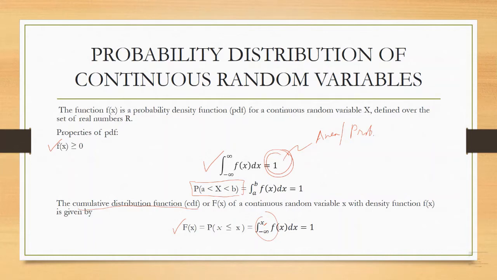So, remember, sa ating mga tables, yung Poisson distribution, ang mga nakalagay na values doon are the cumulative distribution function. So, yung mga values doon ay laging nag-start sa 0 as we have discussed.